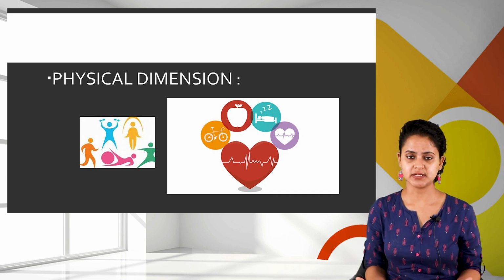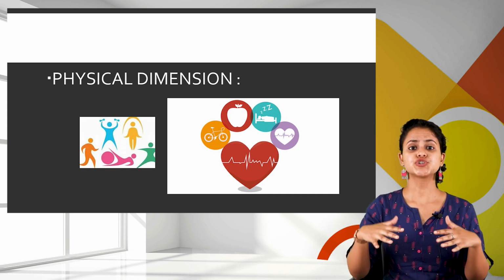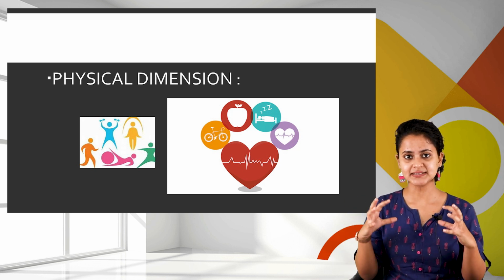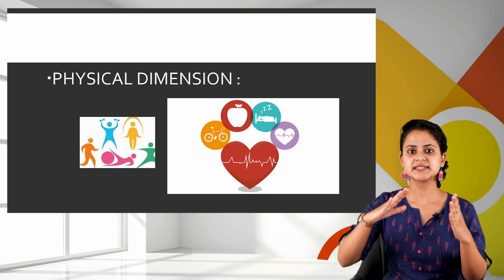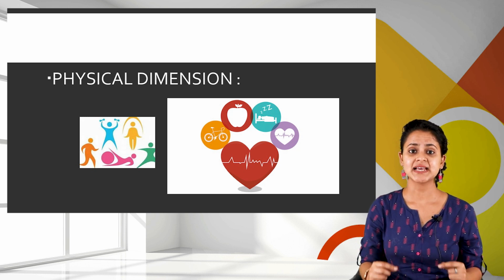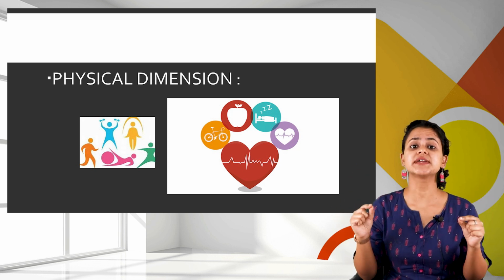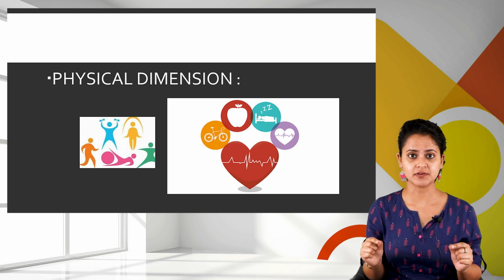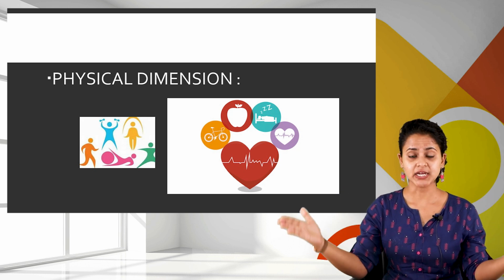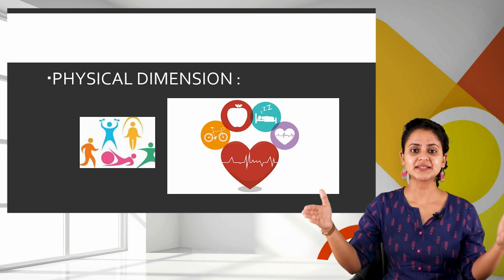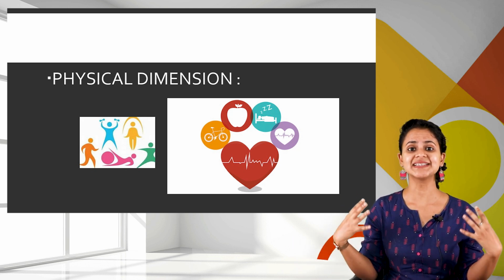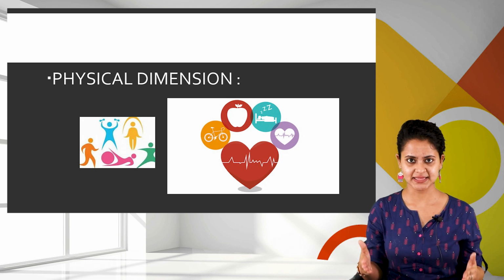What I mean to say is, if we talk about health in the physical dimension, it is seen from a physiological perspective, which suggests that every single cell of an individual's body should attain optimal functional capacity and also work in harmony with the other cells of the body. Then only a person can be in a completely healthy state.